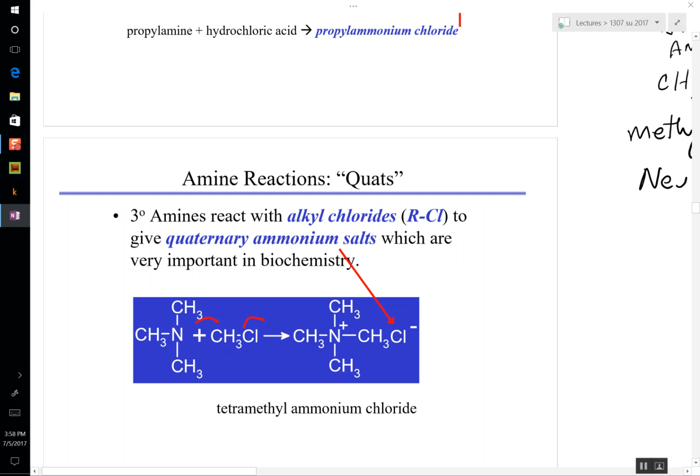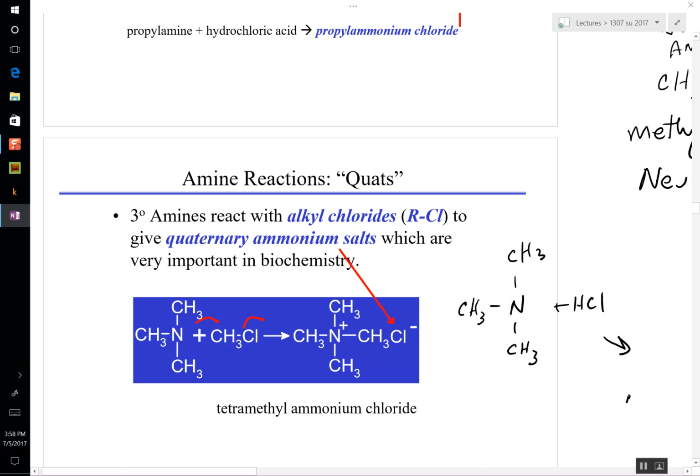All right, a moment ago, if I had this molecule and I reacted that with HCl, trimethylamine plus HCl, what would I get?